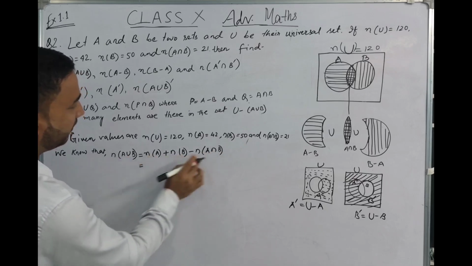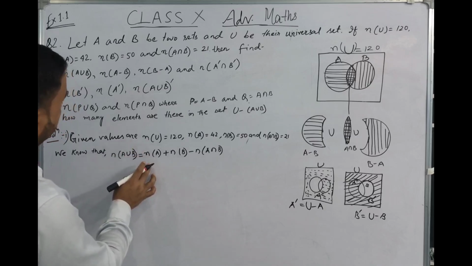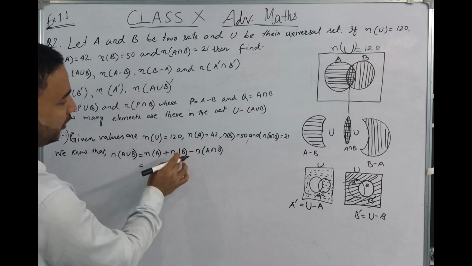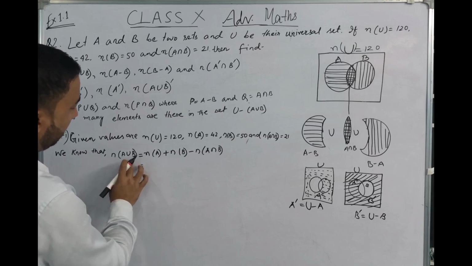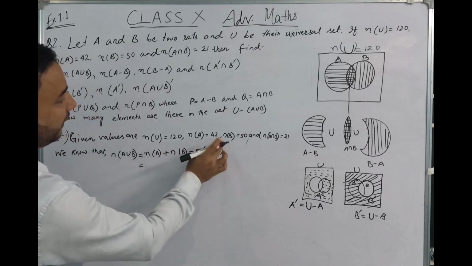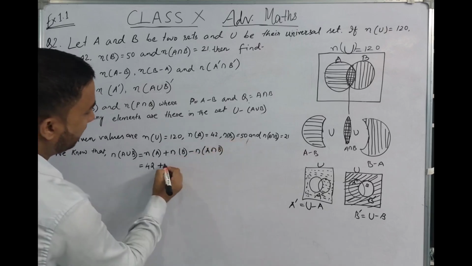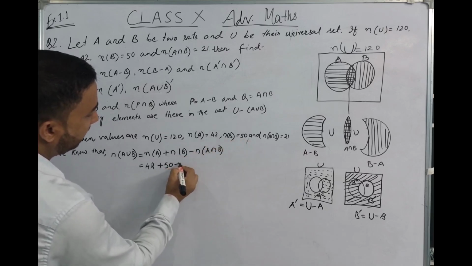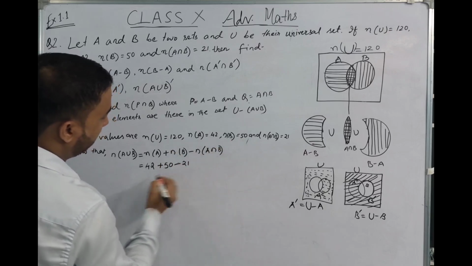So you just put in the values, because we have all three values. If I put the values of number of A, number of B, and number of A intersection B, then we will get the number of elements in the set A union B. Number of A is 42, plus number of B is 50, minus number of A intersection B is 21.